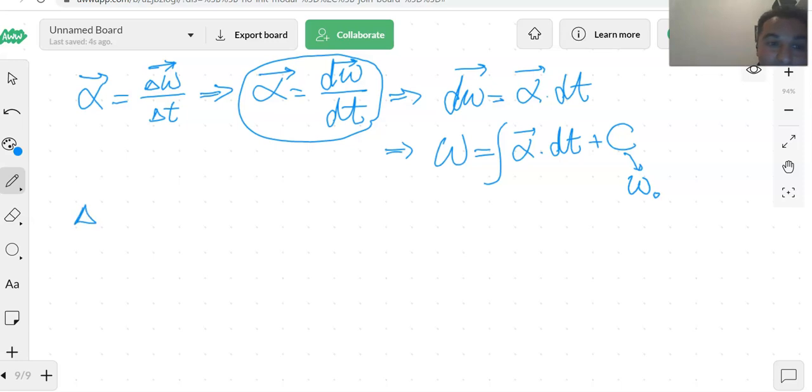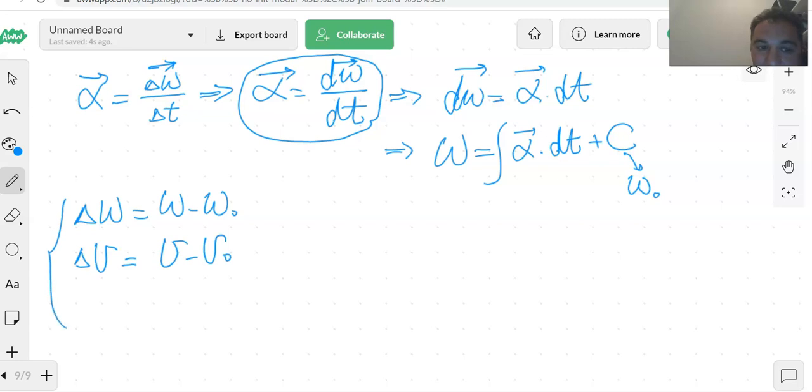So what is delta omega? It is omega minus omega naught. What was delta v? It was v minus v naught. What was delta x? It was x minus x naught. What is delta theta? It's theta minus theta naught.